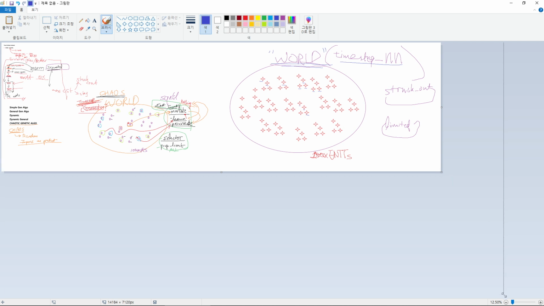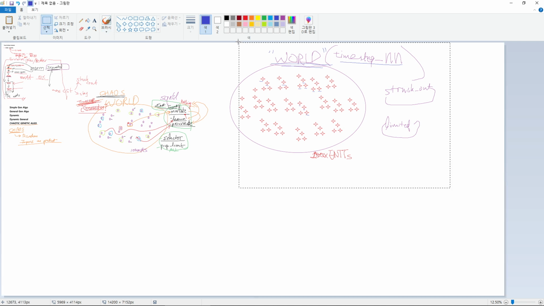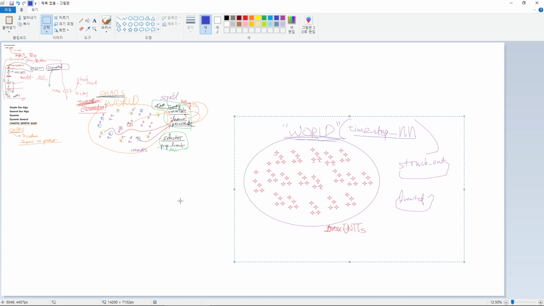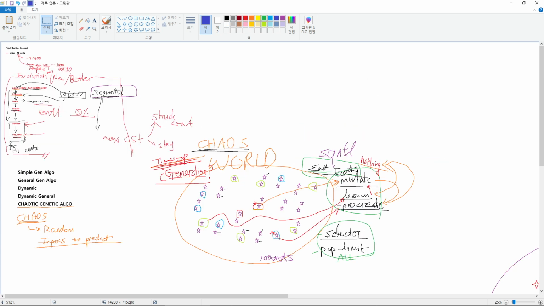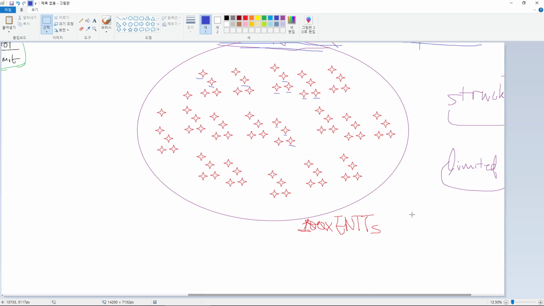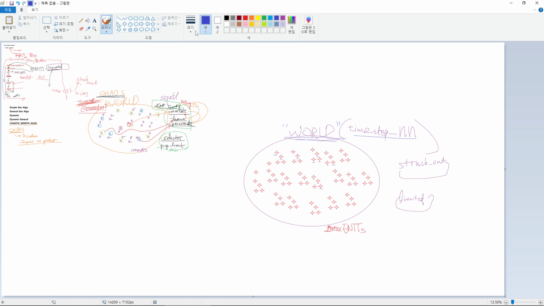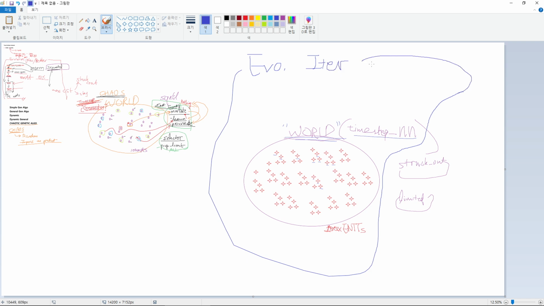And this whole thing, at least this part, would be inside one evolution iteration, or what I usually title as date attempt.